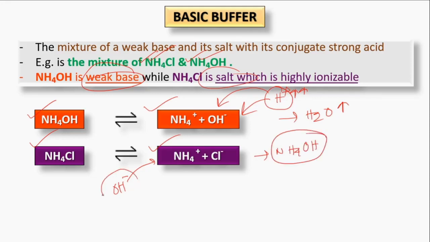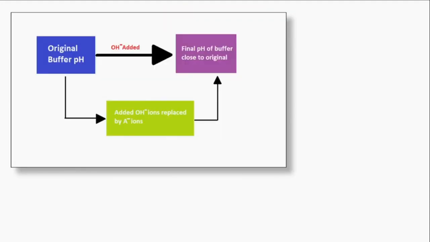So if we add more base, the amount of this NH4OH will increase, while the adding of hydrogen ions, that means adding of acid, will result in the decreasing of NH4Cl. So this is just a summarization that if a solution has an original buffer pH, if we add basic solution, it would give an almost approximately unaltered pH to the original solution.